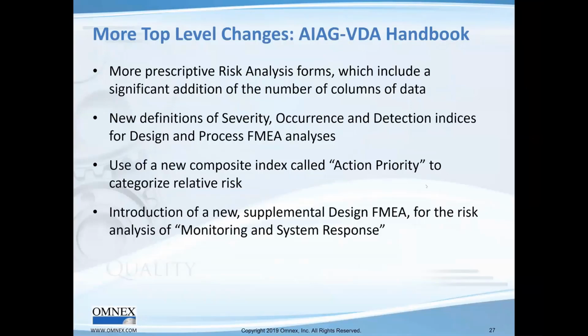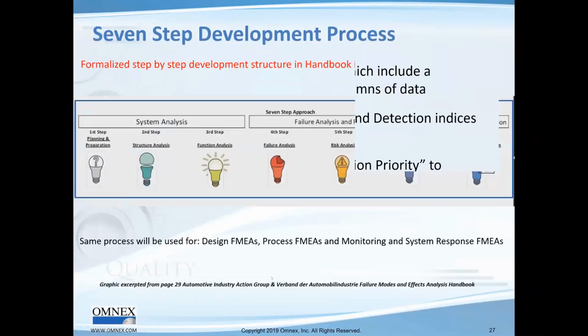They want you to fill out a number of things to make sure you don't miss something. And what else? The severity, occurrence, and detection indices for both the design and the process have changed. And of course, this action priority composite index is different from the RPN, and the introduction of this MSR for mechatronic systems, especially if you're interested in safety.